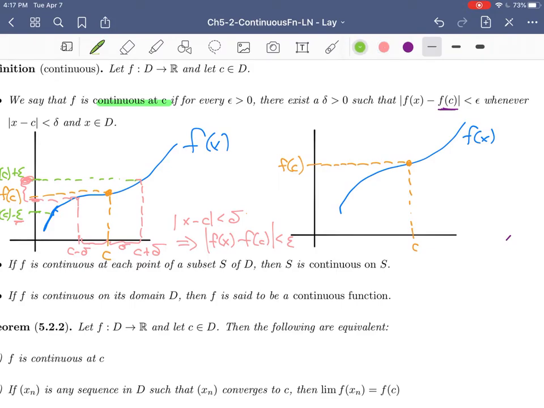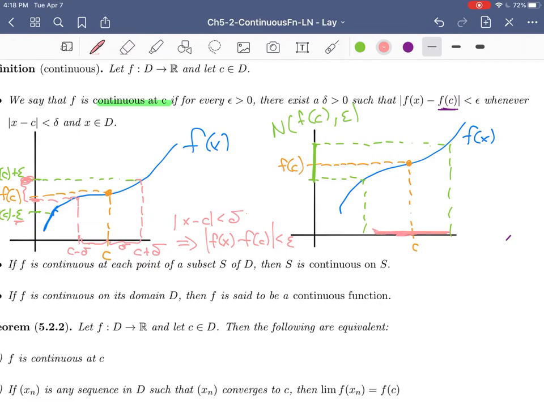So in terms of neighborhoods, we can say we have this epsilon neighborhood about f of c, and we want to ensure that we're going to be in that epsilon neighborhood whenever our values of x are within a delta neighborhood of c.